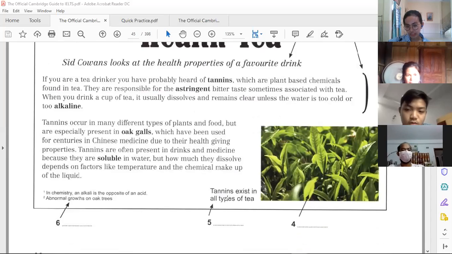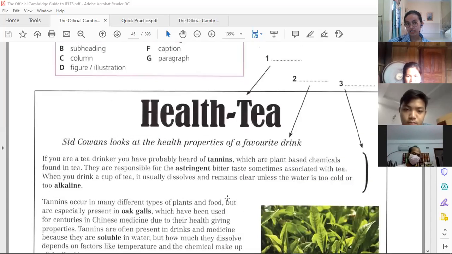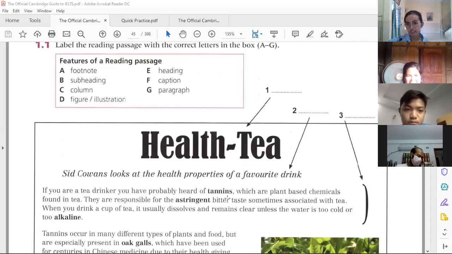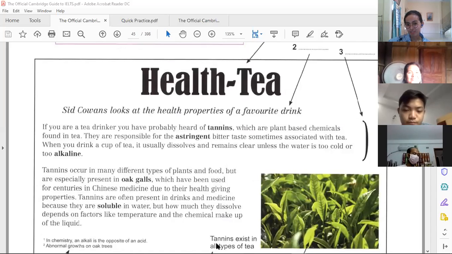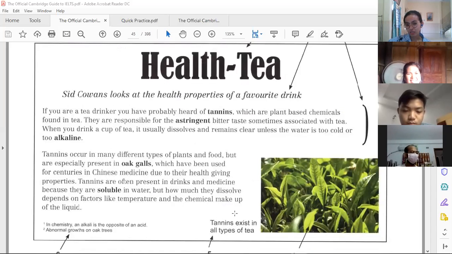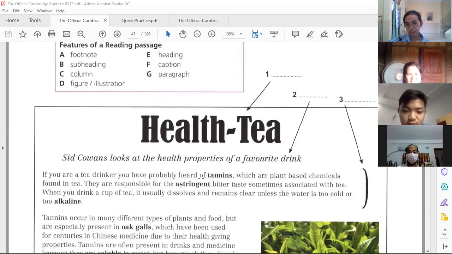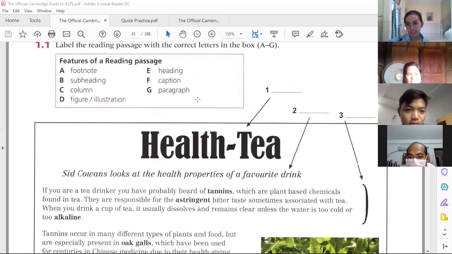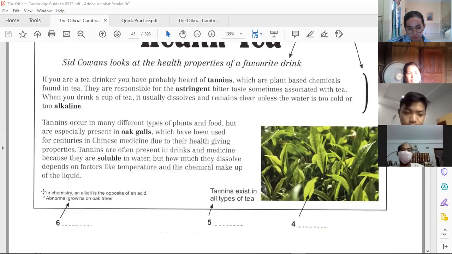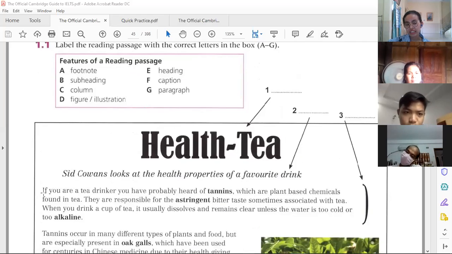And this one next to the picture, they are? Caption. Caption, very good. And you might see number 1, number 2 on the bottom of the reading article as well, and that is called footnote.